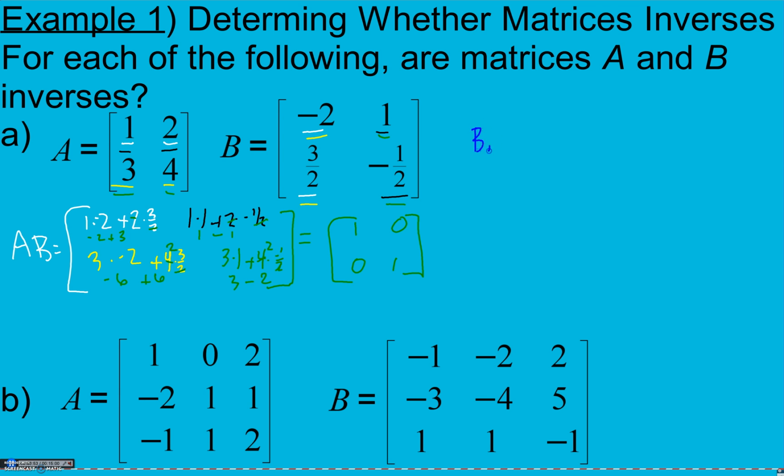So B times A. I'm going to go negative 2 times 1 and 1 times 3. Guys, if you want to rewrite these in that order, you certainly can. I'm going to go negative 2 times 2 and 1 times 4.